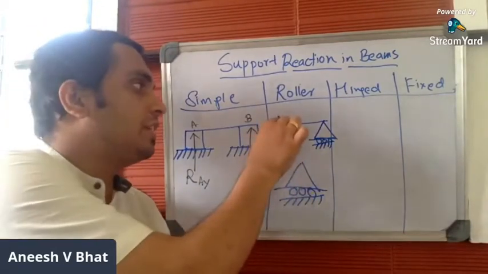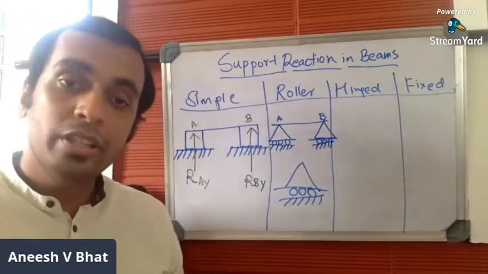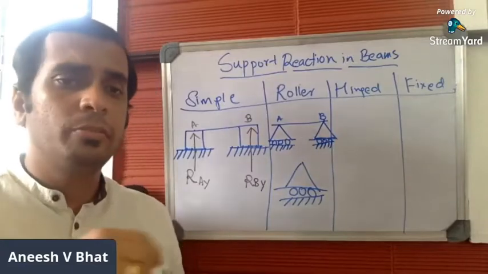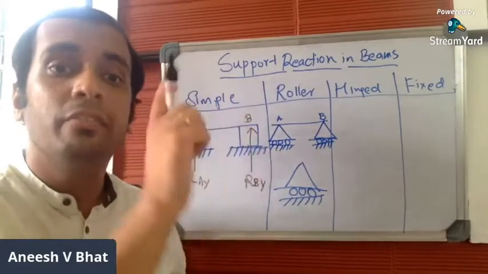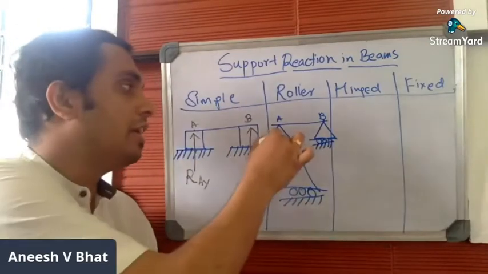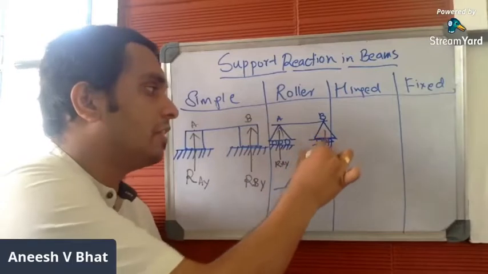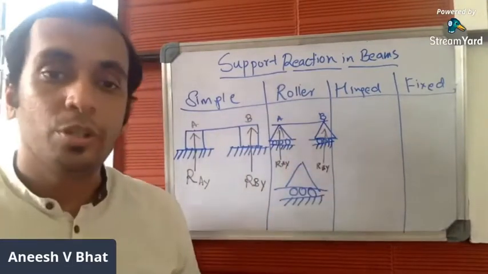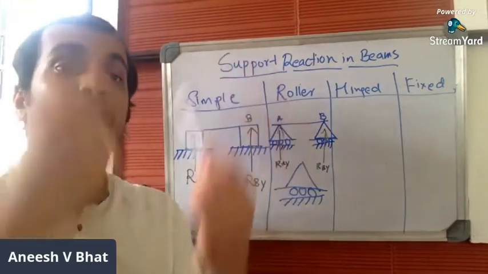Let me consider this point as A and this point as B. Even in the case of roller support, the reaction offered is only in one direction, same as that of simple support. Only one reaction, that too in Y direction: RAY and RBY. So a roller support offers reaction only in one direction, that is in Y direction.